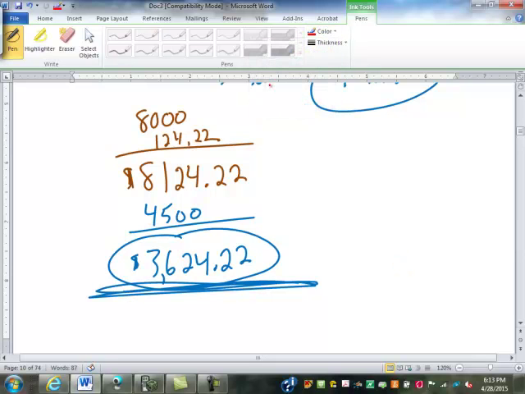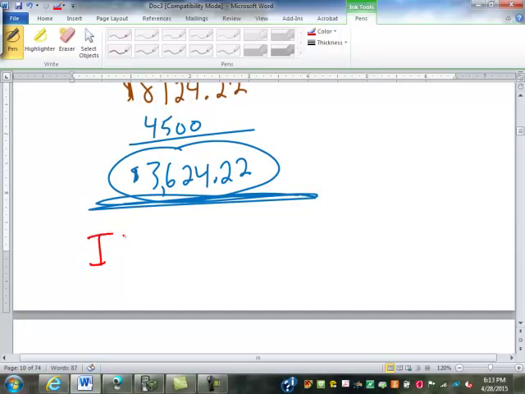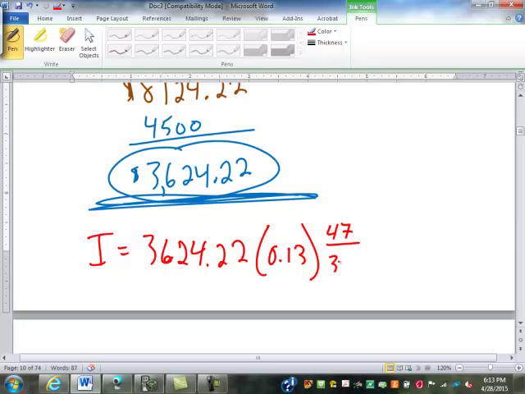Next, they want the balance due at maturity. The balance due at maturity is going to take that amount still at 13% for how many days? 47. Where'd 47 come from? Yeah, we already did 43 and it's 90 days total.